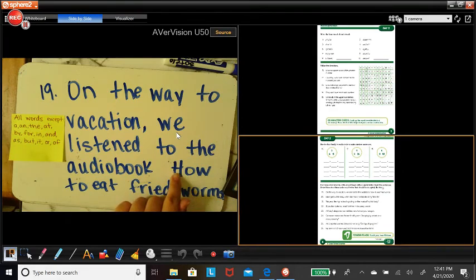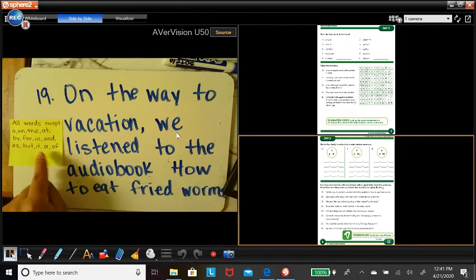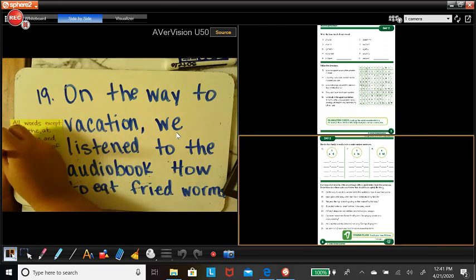So the first letter in a title is always going to be capitalized. Even if it's one of these words, it's always going to be capitalized. So does the word to need to be capitalized? It does not, but it's not on my list, so let me add that on here.